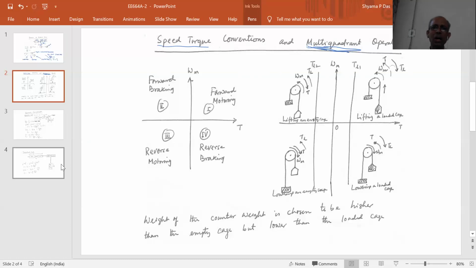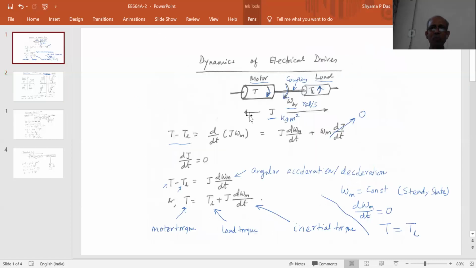So usually we have two variables. As we have already seen, we have the speed and we have the torque. In this equation, what are the variables? We have the speed and the torque.